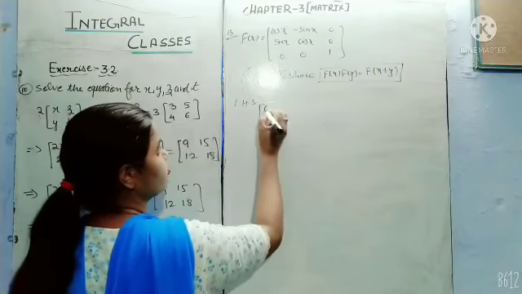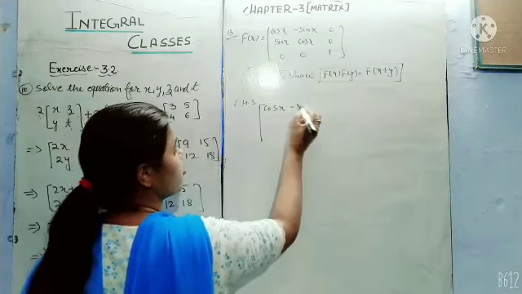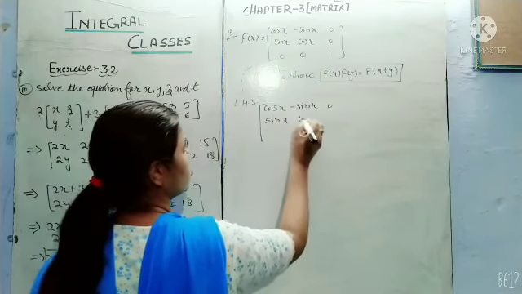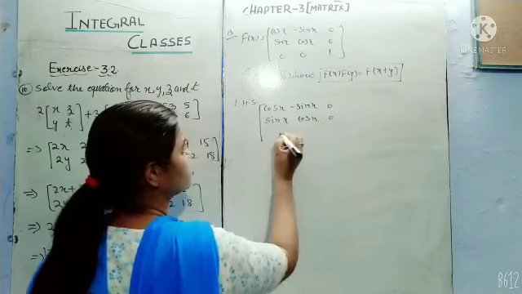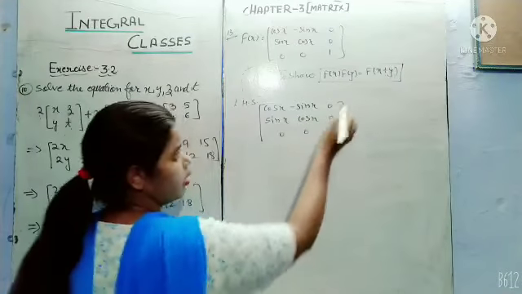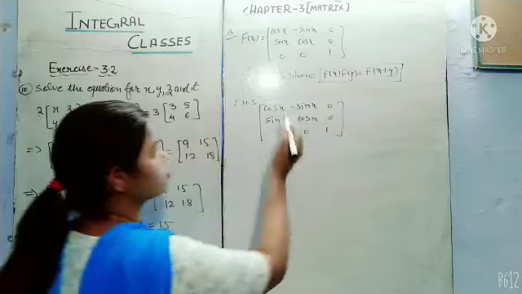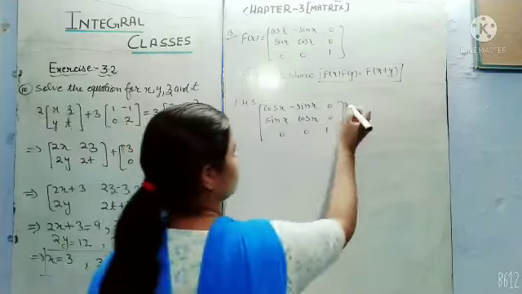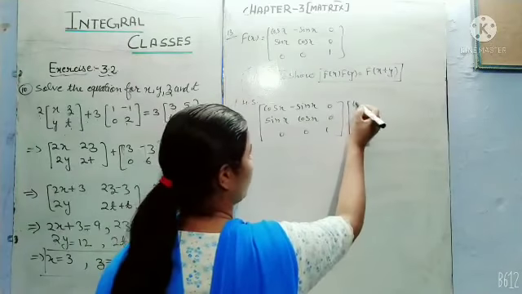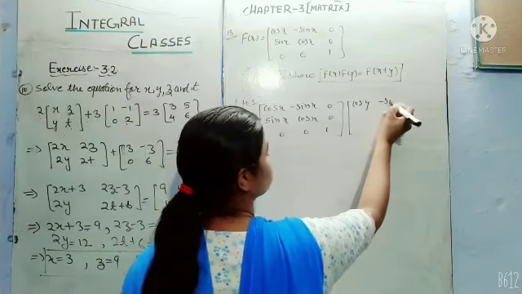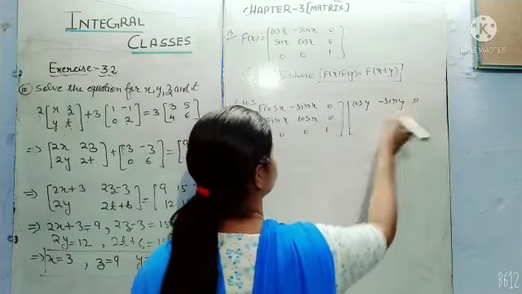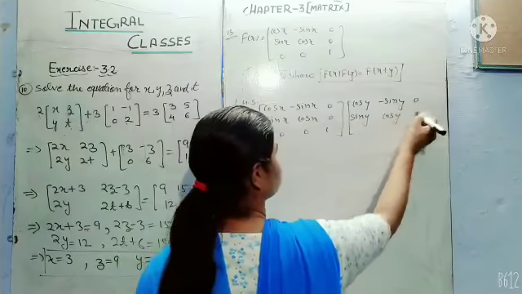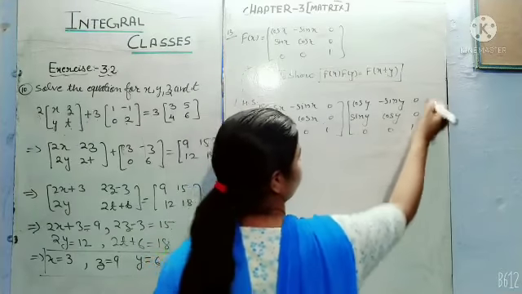First we will put the value: cos x, minus sin x, 0; sin x, cos x, 0; 0, 0, 1. Now what is the value of f(y)? In this matrix we will replace x by y. So it will become cos y, minus sin y, 0; sin y, cos y, 0; and 0, 0, 1.